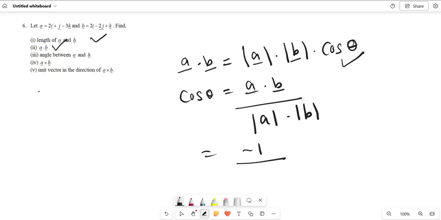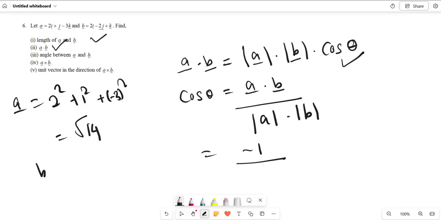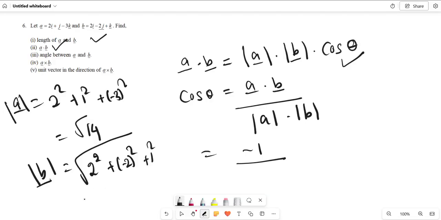Can you remember? Magnitude of A, we'll just take 2 squared plus 1 squared plus minus 3 squared. Here 4, 1 and 9. 9 plus 5 is 14, so it is square root of 14. And what is the mod of B? Magnitude of B is 2 squared plus minus 2 squared plus 1 squared. What is that? 4, 4, 8, 1, 9. So it is 3. So mod of A is square root of 14 times 3.